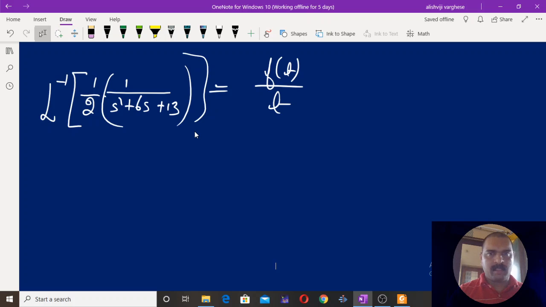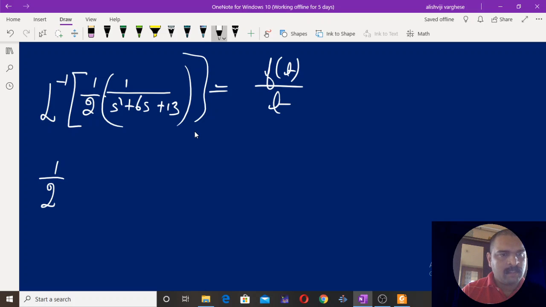Okay, now we have to find the Laplace inverse of the left hand side. 1 by 2 is a constant, taken outside. Then what about the Laplace inverse of this thing?